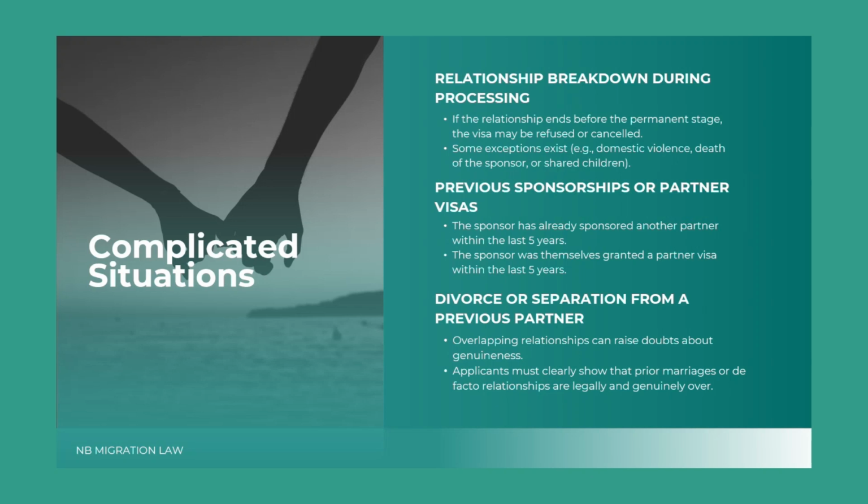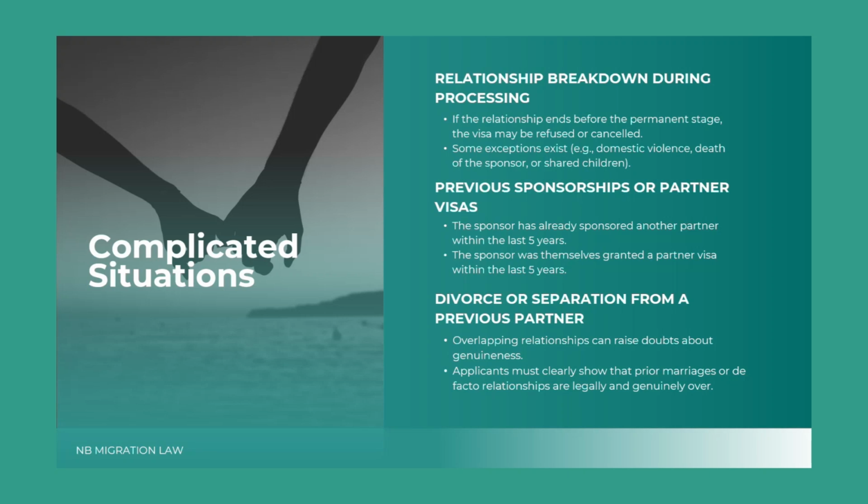Okay, now we go to the complicated situations. Like what will happen if the relationship breaks down, right? The relationship has broken down while the partner visa application is still processing.